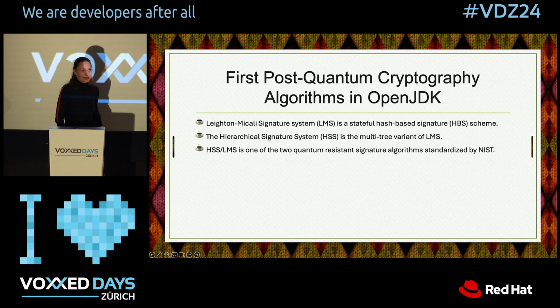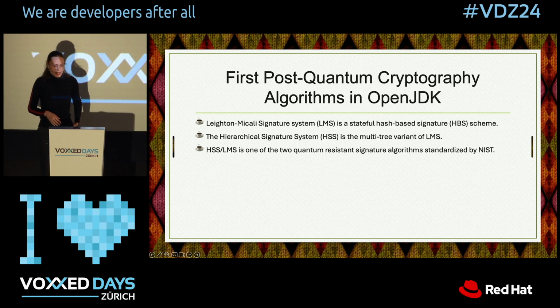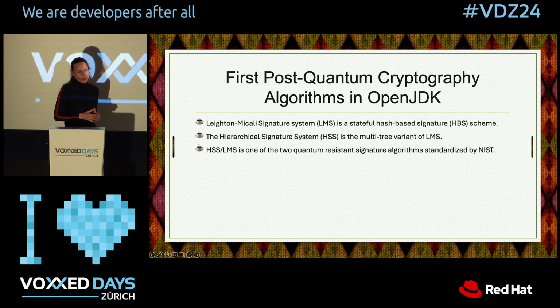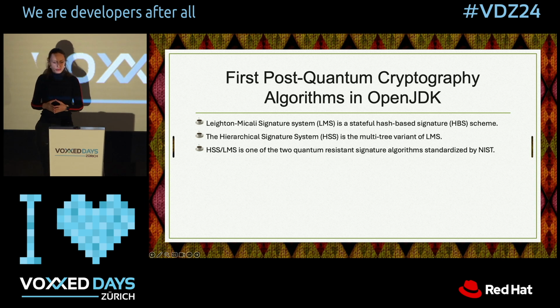Now, the base of this algorithm is the Leighton-Micali one-time signature, a signature scheme where a single private key can only be used to sign one message. So the security of LMS depends only on the security of the underlying hash functions. And it is believed that the security of the hash functions will not be broken by the development of large-scale quantum computers.